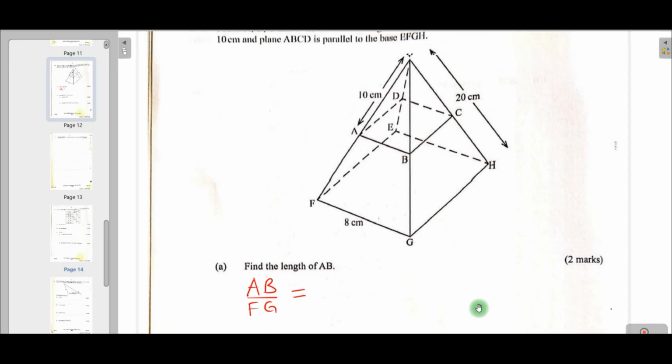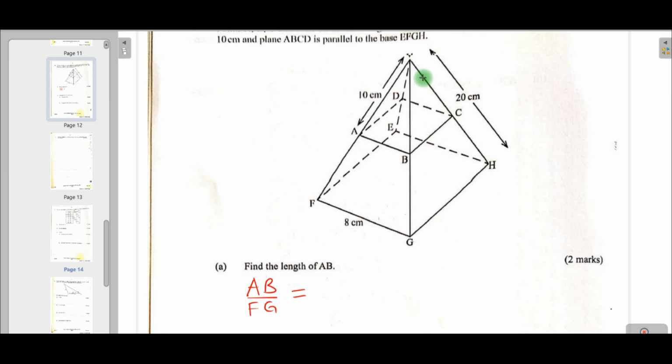AB is actually similar to FG, so the ratio of AB over FG will be equal to the ratio also of the height, and that is for the smaller slant height VC.